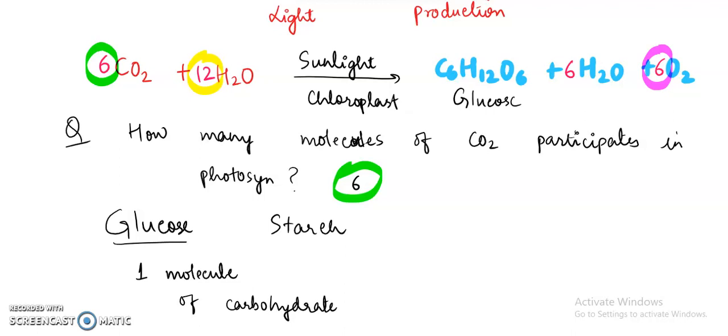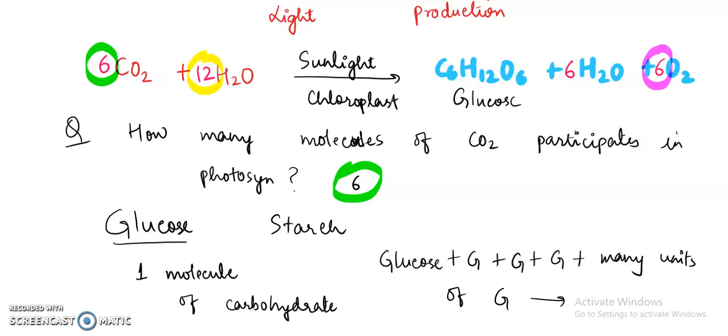Glucose is the simplest unit of carbohydrate which is not broken further. Right? Now when we have many such molecules of glucose, I am just writing G to indicate glucose, they will form a polymer which will be known as starch. So if you are writing starch here, you need to write like this.